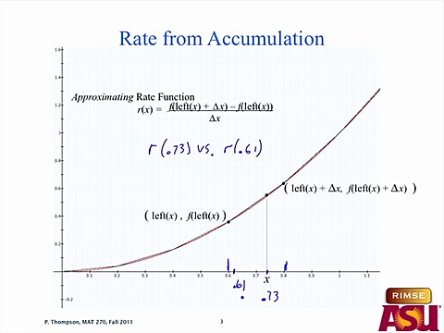She's saying it's going to be the same because they're in the same interval. Ashlyn, you agree? Yeah, because the output of this rate function is not the y value, not the accumulation, but it's the constant rate of change in that interval. So as long as we pick an x in that interval, it's going to spit us back to the left, and then give us the right by adding delta x to it. So the calculation will be exactly the same for 0.73 or 0.61.